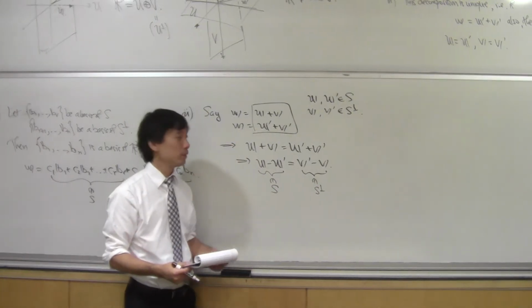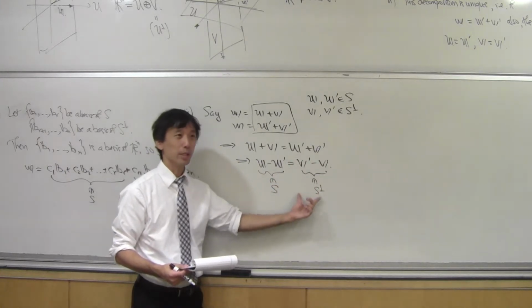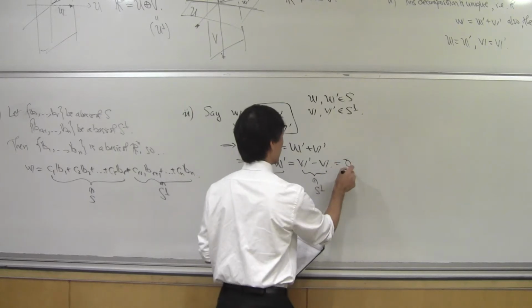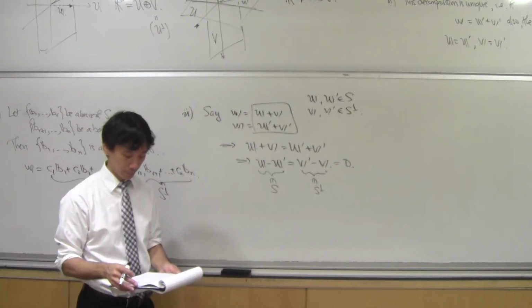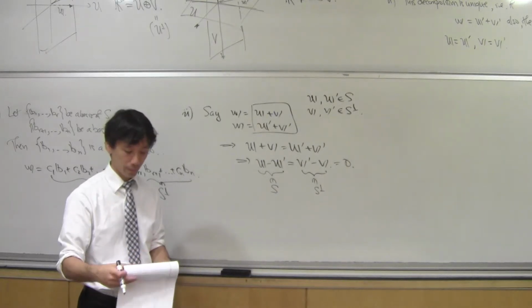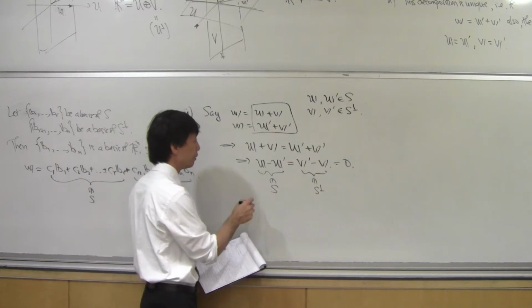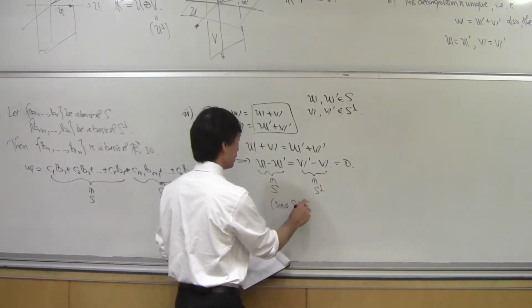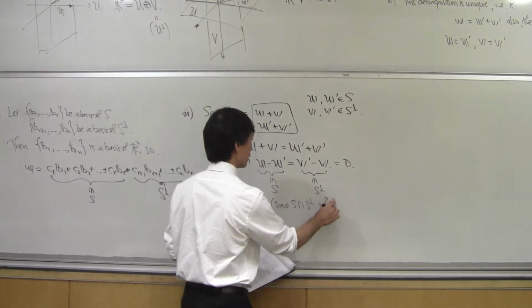So you have something that lies in S and also lies in S perp, and so it's got to be zero, since anything that lies in S and S perp must be the zero vector.